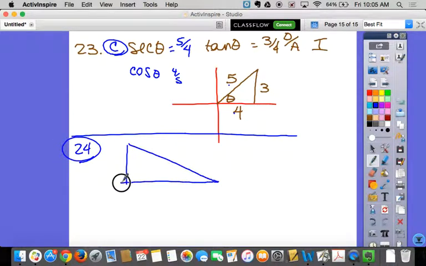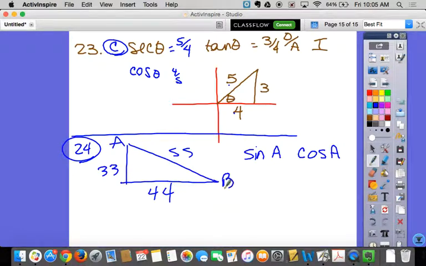24 gives you a triangle. And it says find the exact values of the indicated trig functions. Now it is important where the letters are. A is up here and B is there. So you've got to pay attention to perspective. This says A, so look from A. So sine of A, opposite is down here.